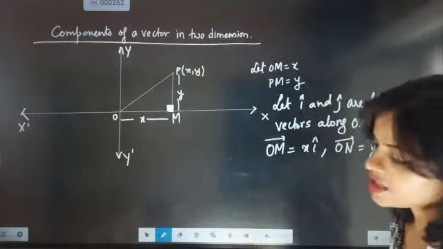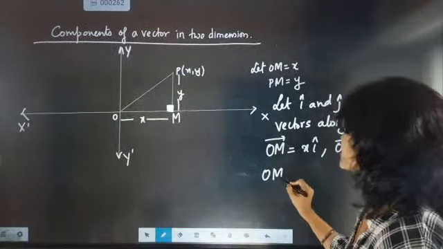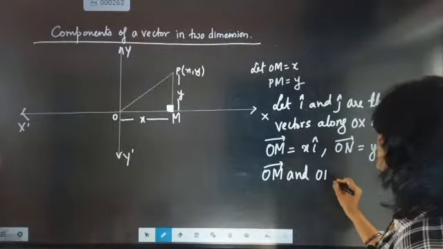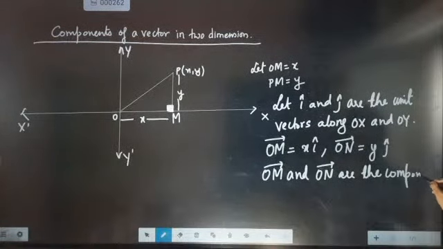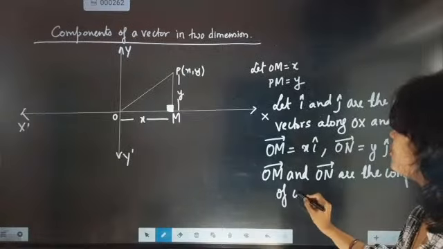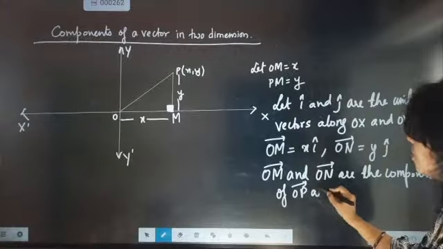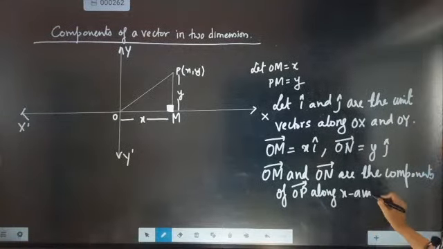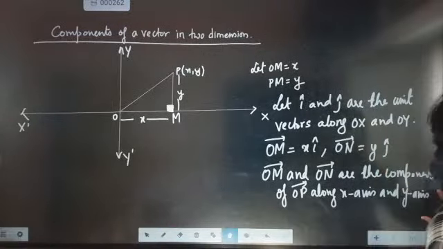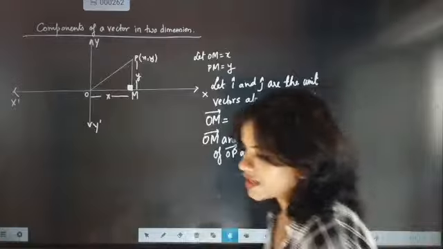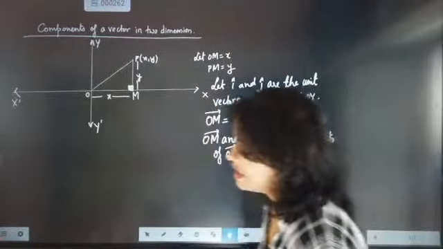In short, we can say that the OM vector and ON vector are known as the components of the OP vector along the x-axis and y-axis respectively.